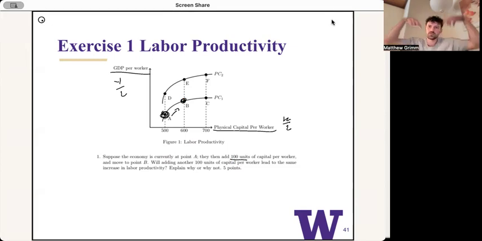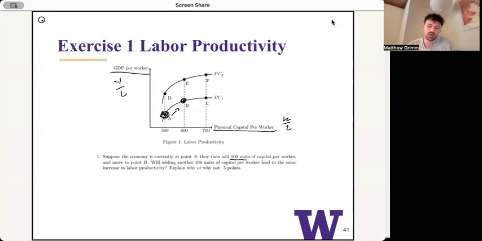We're not shifting up in any sense. There's no technology shift of any kind. We're just adding more physical capital. Will adding another 100 units of capital per worker lead to the same increase in productivity? Explain why or why not.